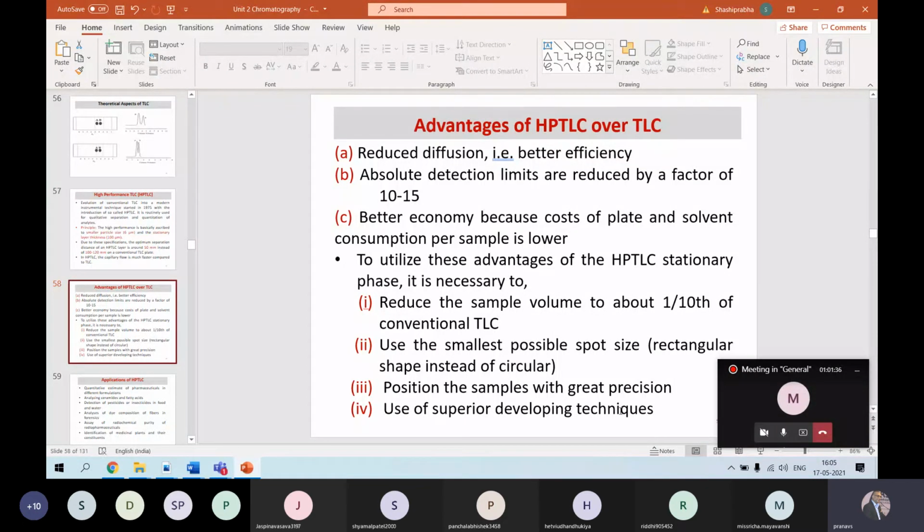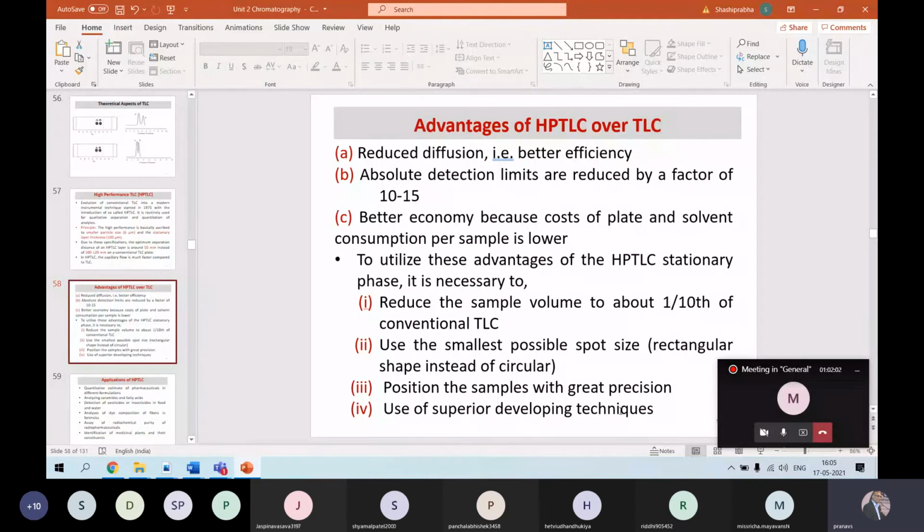That means once you spot and once you develop, then because you are going for quantitation, you need to have superior techniques to quantify that analyte in that given sample. Again, HPTLC would not be in a position to help you with what those separated analytes are.